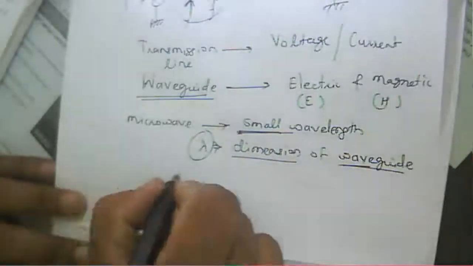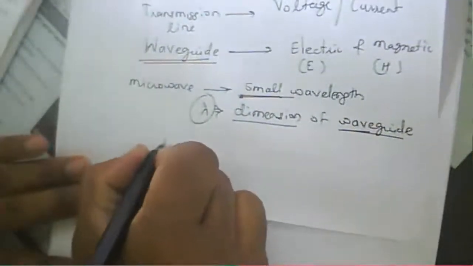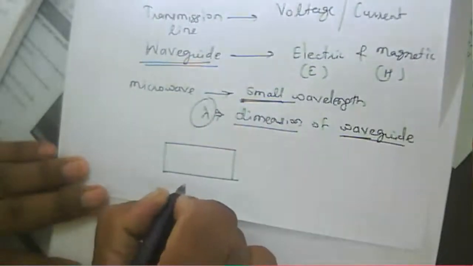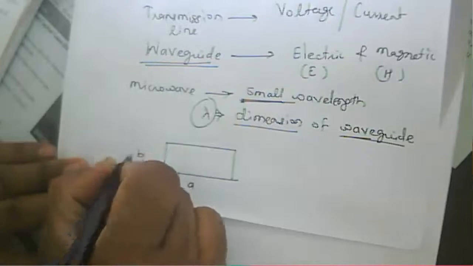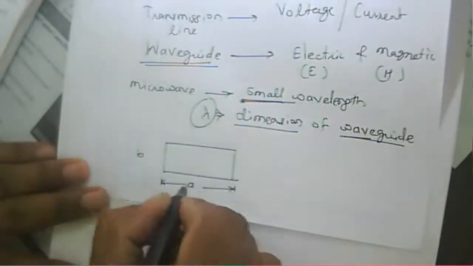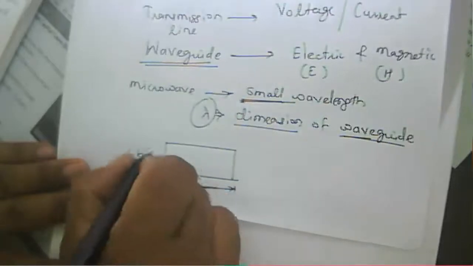In general, a waveguide is nothing but a rectangular shape. So this one is A and B. In practice also, this is the width of the rectangle and this one is the height.